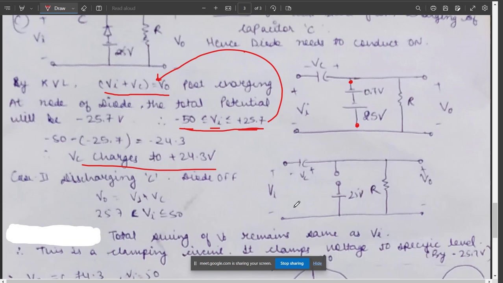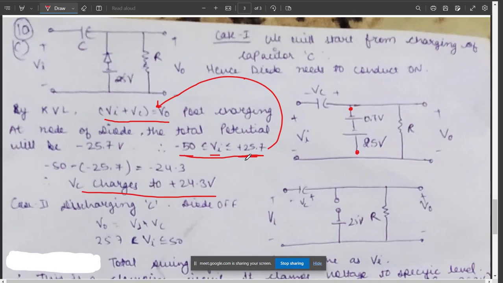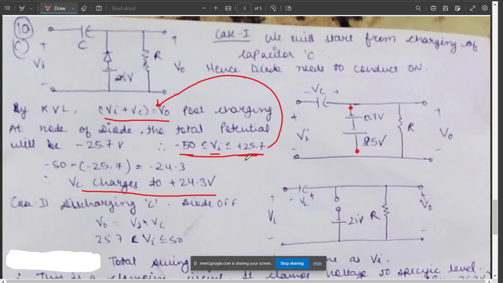Can you please explain that charging of the capacitor once more? How does that capacitor charge to 24.3? I didn't understand how that capacitor charges to 24.3. Yes, so 50 minus 25.7 is happening.